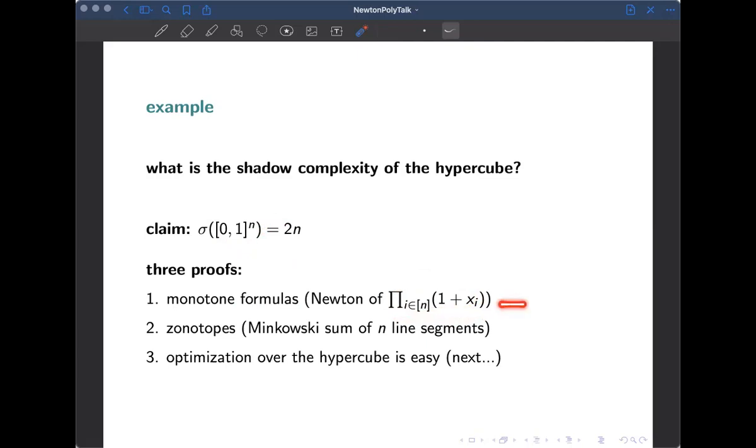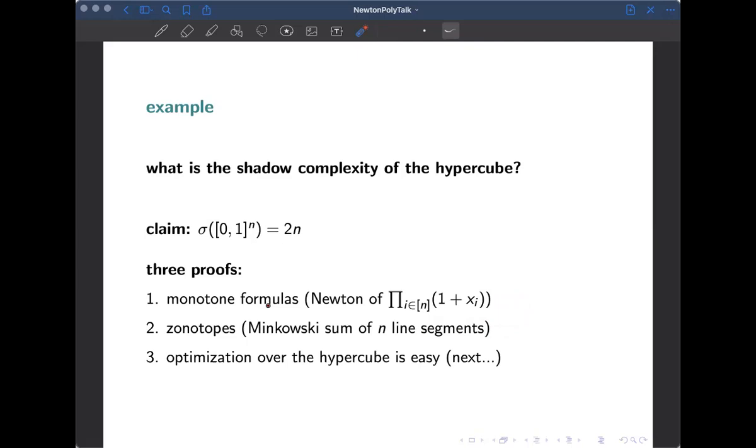So this is one connection. The second way to prove it is using zonotopes, which is a family of polytopes. So a zonotope is a polytope that is obtained from line segments, these are the building blocks, and Minkowski addition, Minkowski sum.